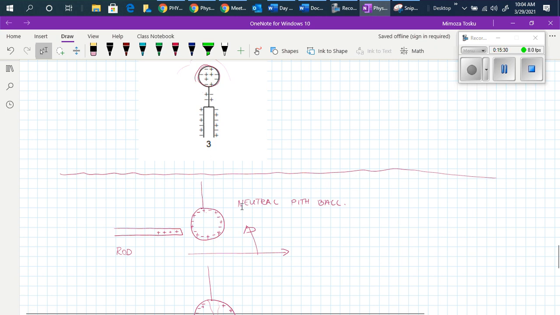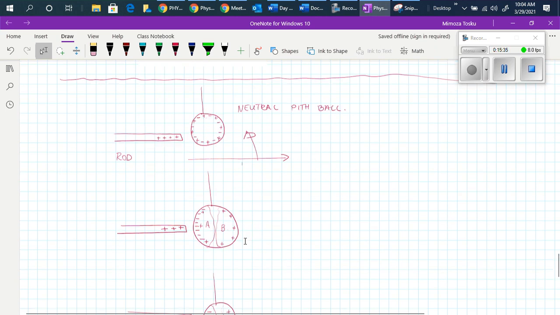So as a whole, the pith ball stays neutral, but there is an interaction as a result of the redistribution of the charges under the presence of a charged rod near a neutral object. But as a whole, the pith ball again stays neutral because the number of electrons is equal to the number of protons, and there is no motion.